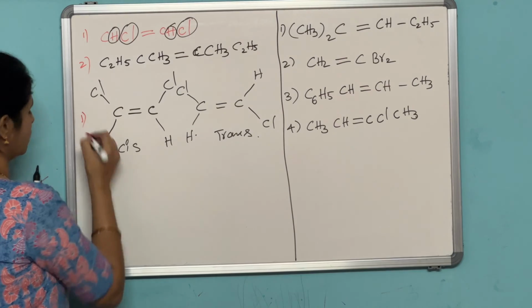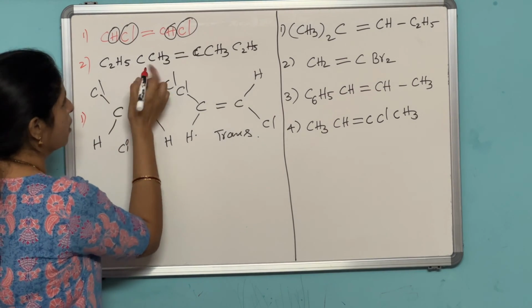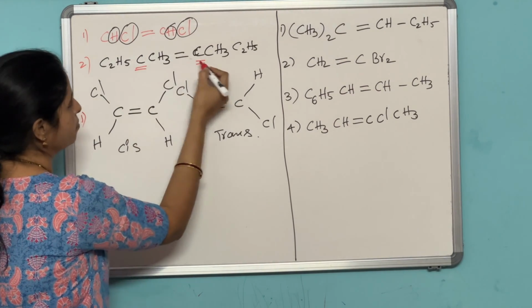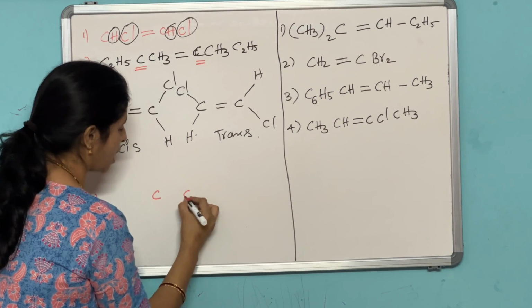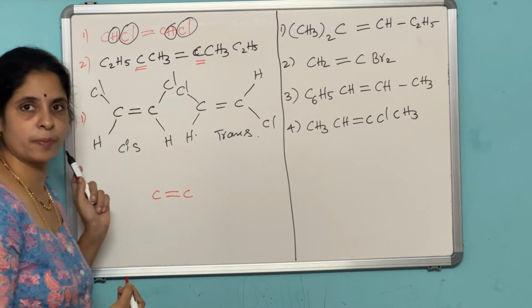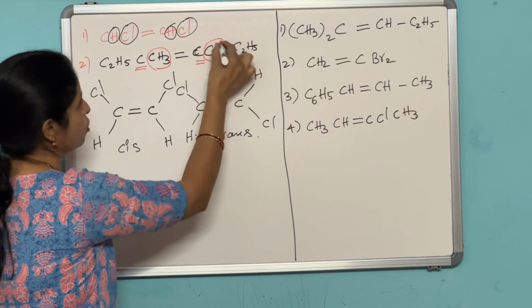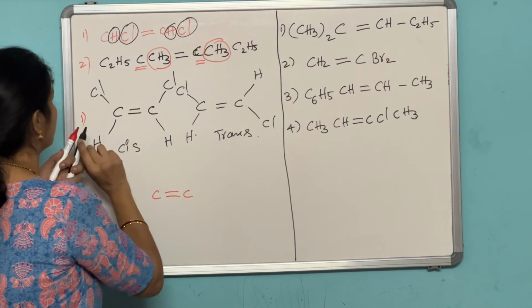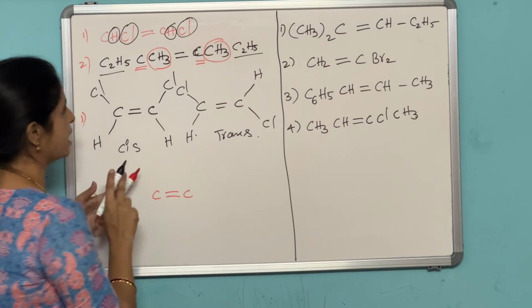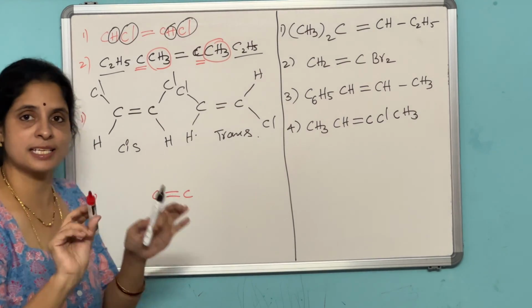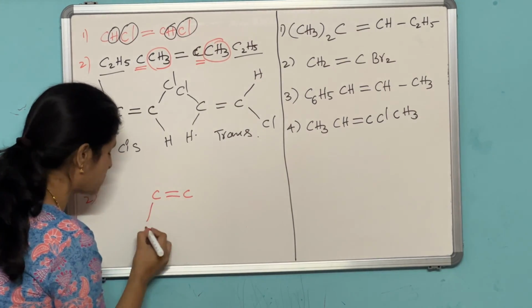Okay, so here first carbon atom, first place carbon between these two double bond. Now CH3 group is there, and here C2H5 is there. So same groups to write the cis isomers, same groups, same side.